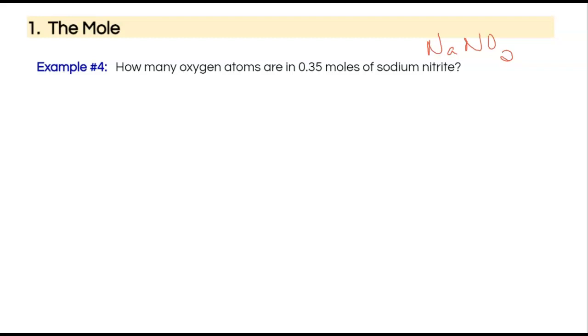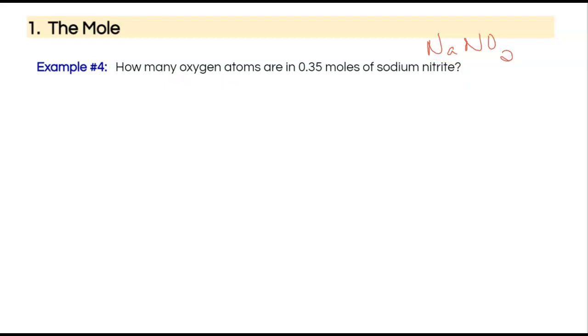In this question, they're asking how many oxygen atoms are in 0.35 moles of sodium nitrite? The approach is going to be pretty similar to example number 3, our previous example, where you first figure out how many particles of this compound you have, and then that will translate to oxygen atoms at the end.